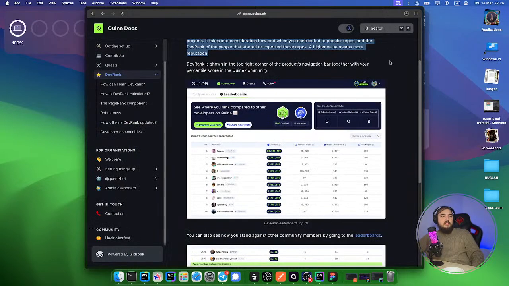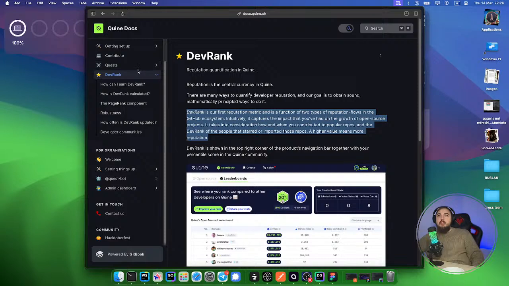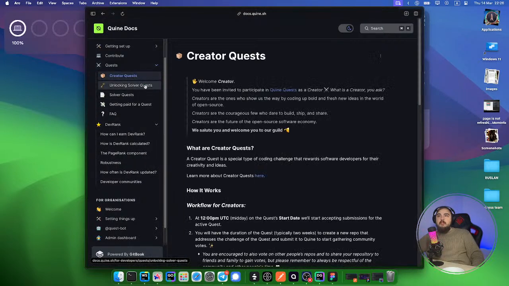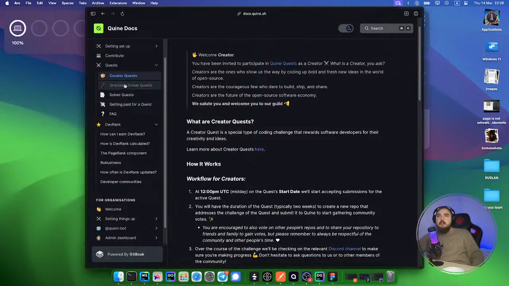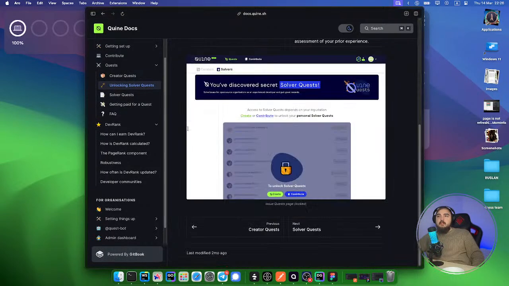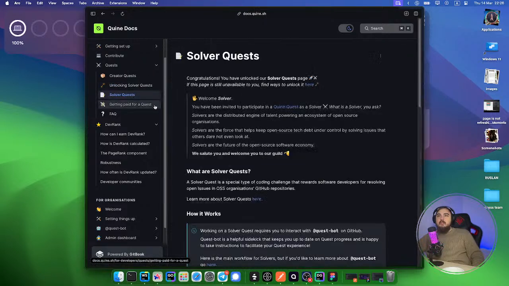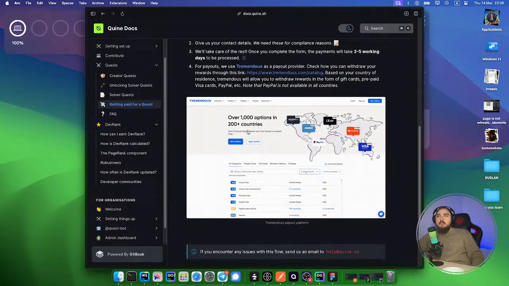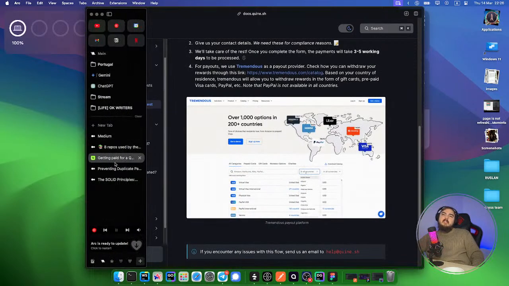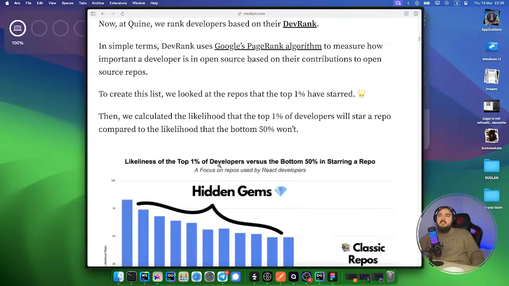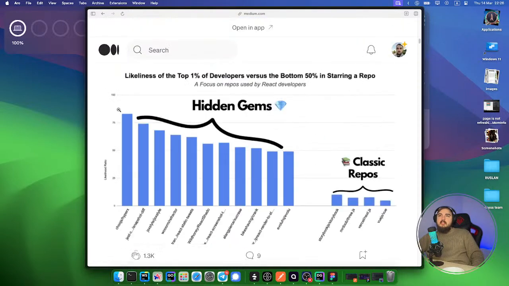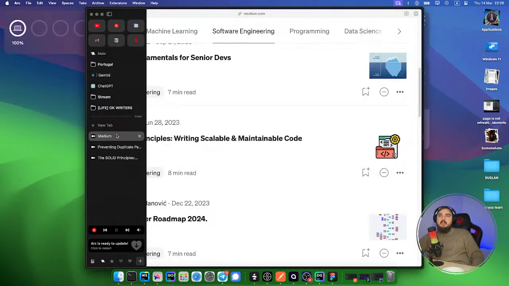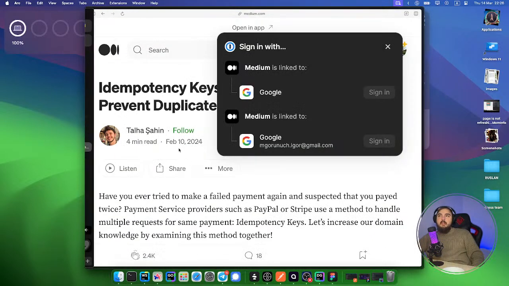Creator quests, unlocking solver quests. You earn rank. Getting paid for quests. Oh my god, that kind of stuff. It looks bad. I don't want to read that article. Maybe it's good, but I don't like it.